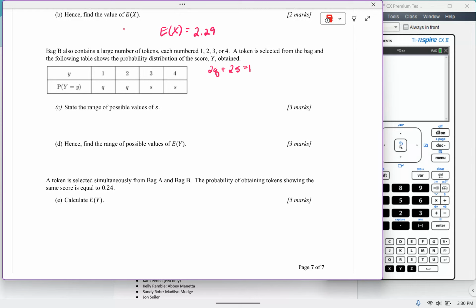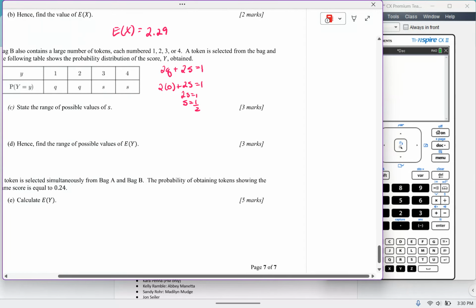So when Q is 0, what would S be? S would be 1/2, right? Now if the minimum value that Q can have is 0, what's the minimum value that S can have as well? 0.